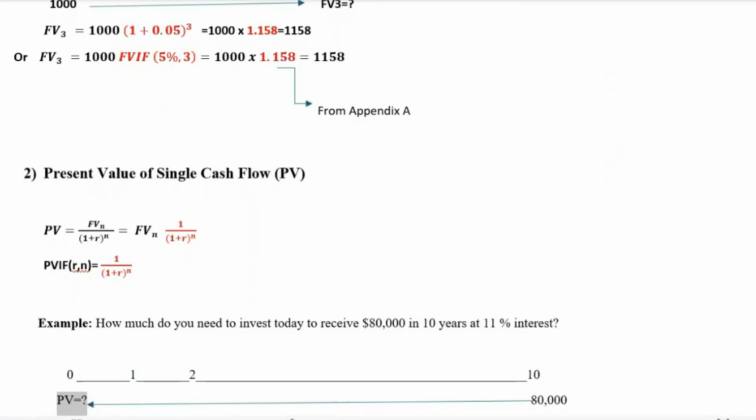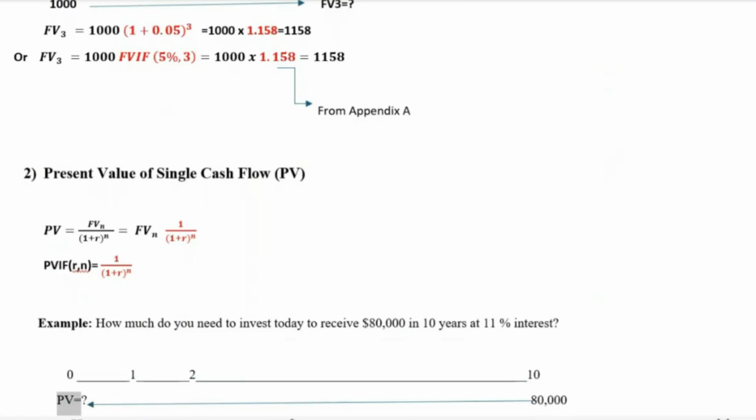For example, you have a 10-year-old, today is his birthday, and you want to open an account, put an amount of money there, and make sure the money will grow to $80,000. So when your son turns 18, he can take out the money and spend it when he goes to college. So the question is how much you need to prepare today so it will grow to $80,000.